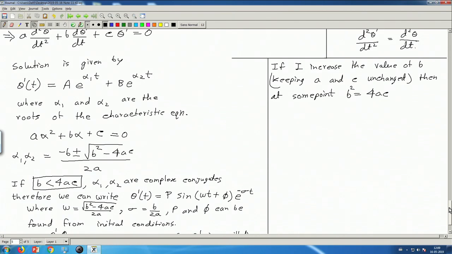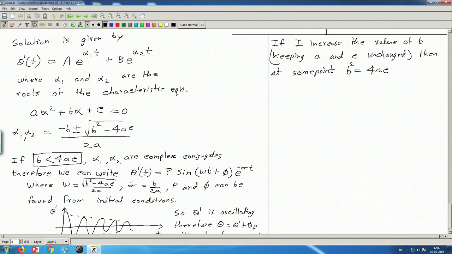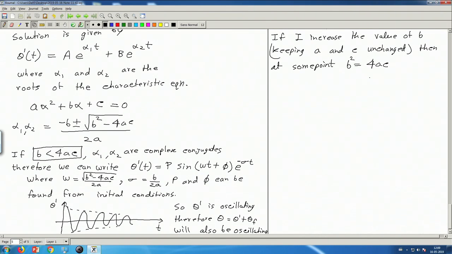So this term will vanish. Then b square will become 4ac, and then the solution will not be oscillatory anymore.